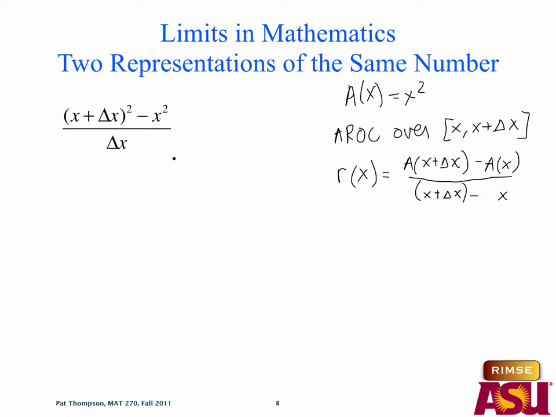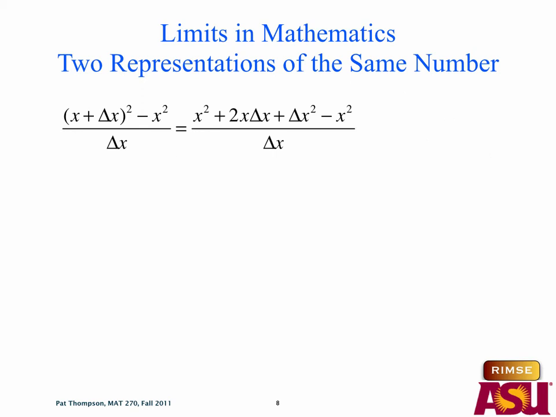Plus x times delta x, plus... FOIL method. Okay, so you keep distributing, right? You end up with this.